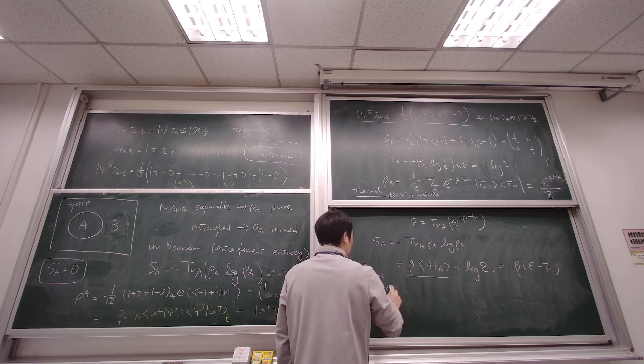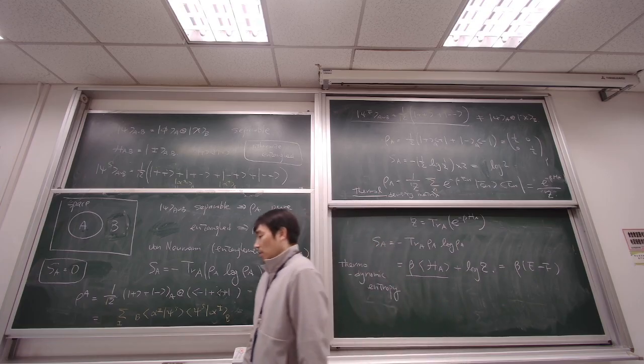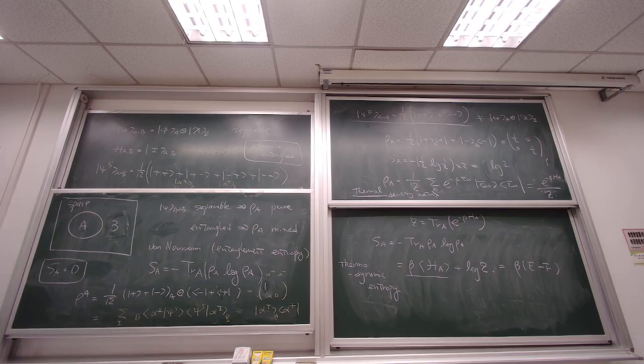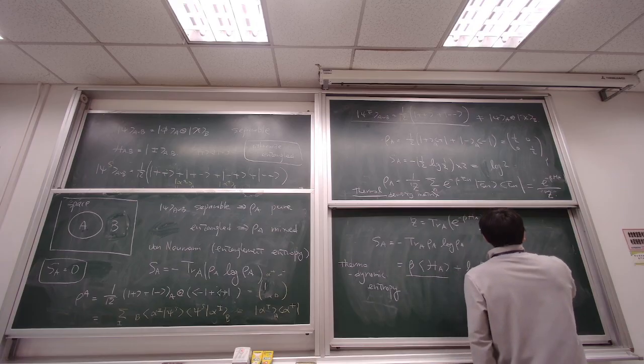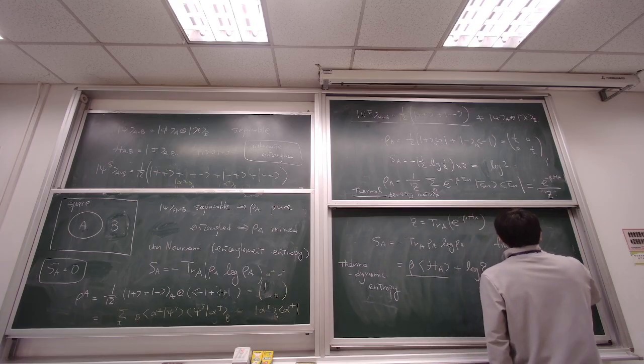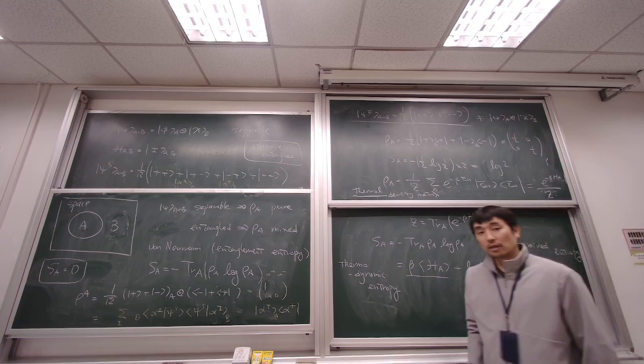Thermodynamic entropy. Okay, so the von Neumann entropy is some kind of refinement. So that's why people call it fine-grained entropy.